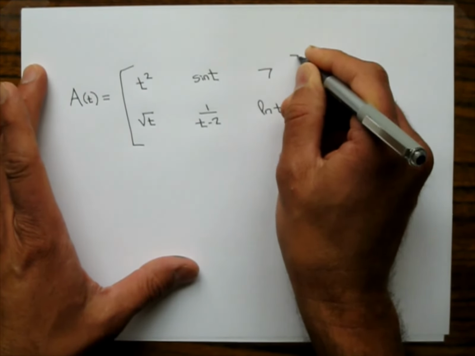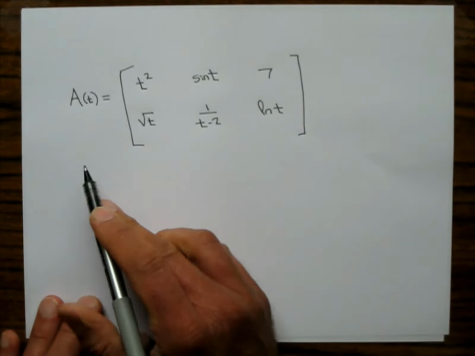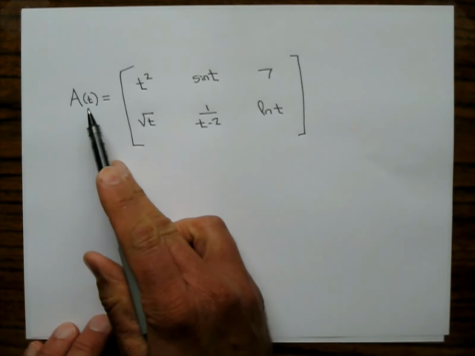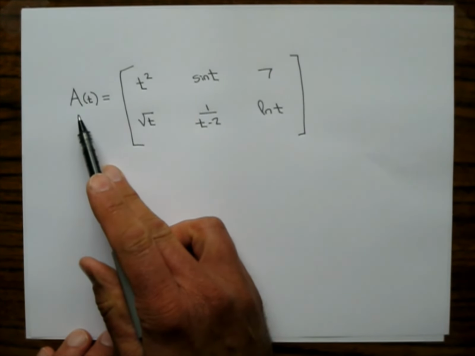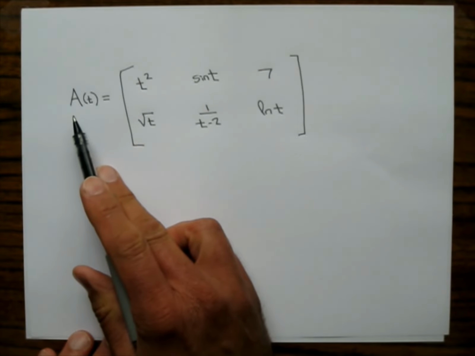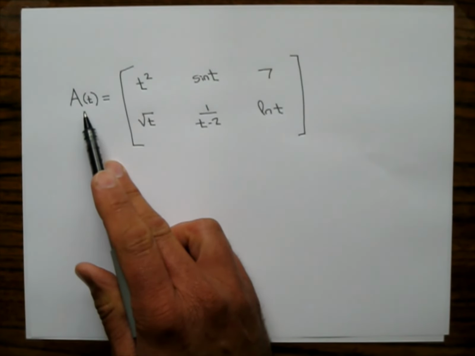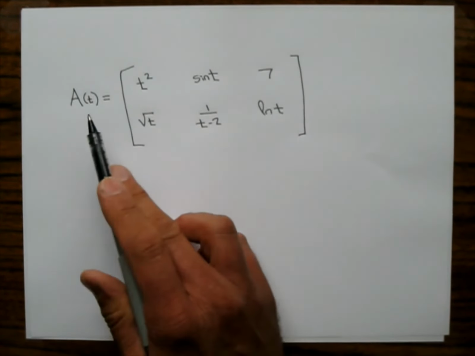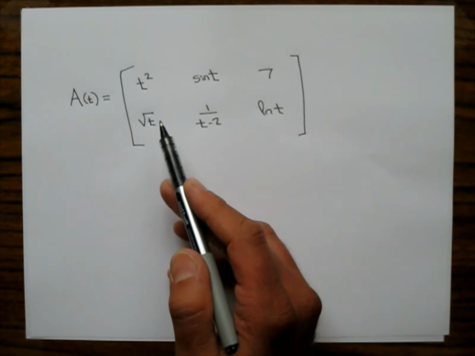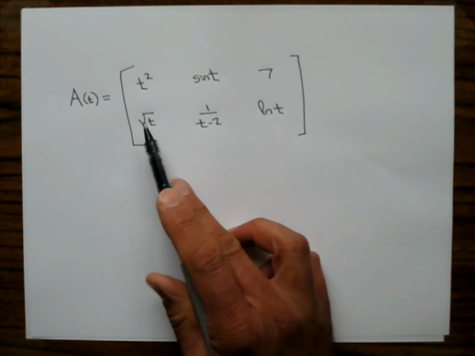So this is a 2 by 3 matrix function, and you could actually plug values in and evaluate this function. So like if t equals 7, I don't know why I picked 7, I saw the 7 there, then there's an output, and the output is not just a number, it is a 2 by 3 matrix.